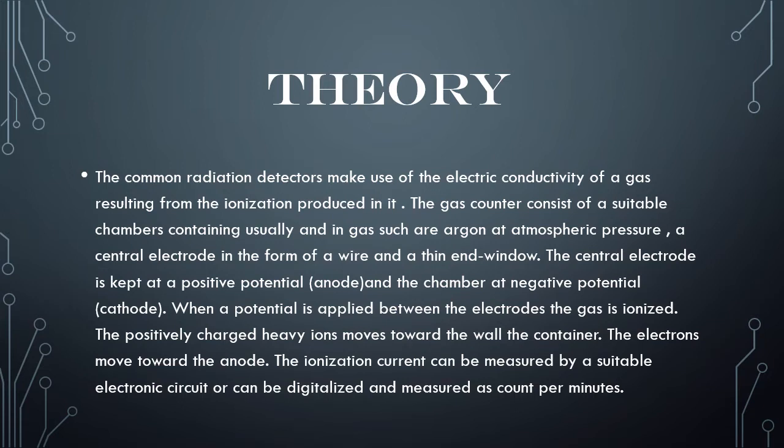The central electrode is kept at a positive potential, the anode, and the chamber at negative potential, the cathode. When a potential is applied between the electrodes, the gas is ionized. The positively charged heavy ions move toward the wall of the container, the electrons move toward the anode. The ionization current can be measured by a suitable electronic circuit or can be digitized and measured as counts per minute.